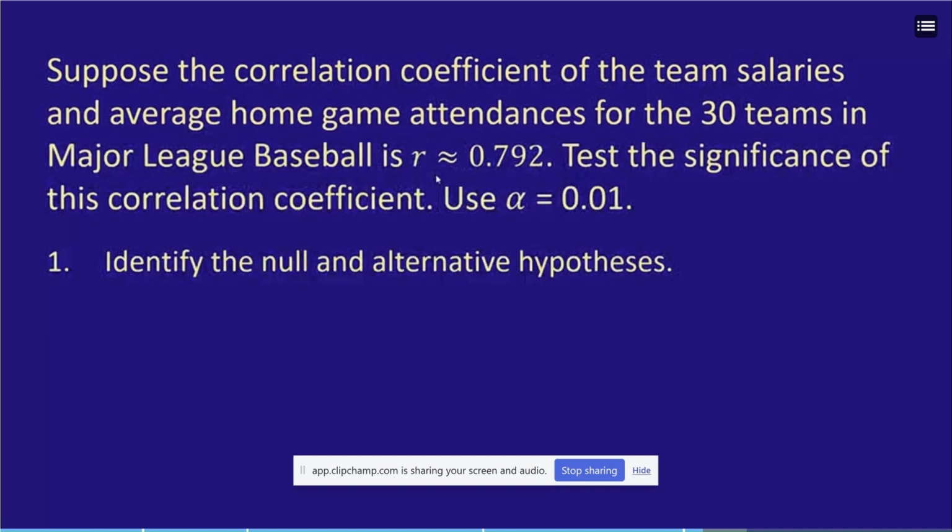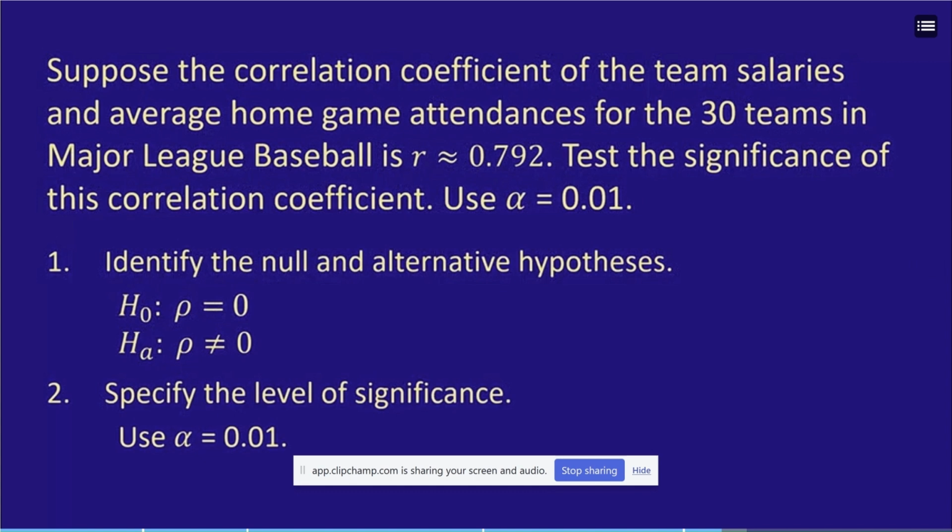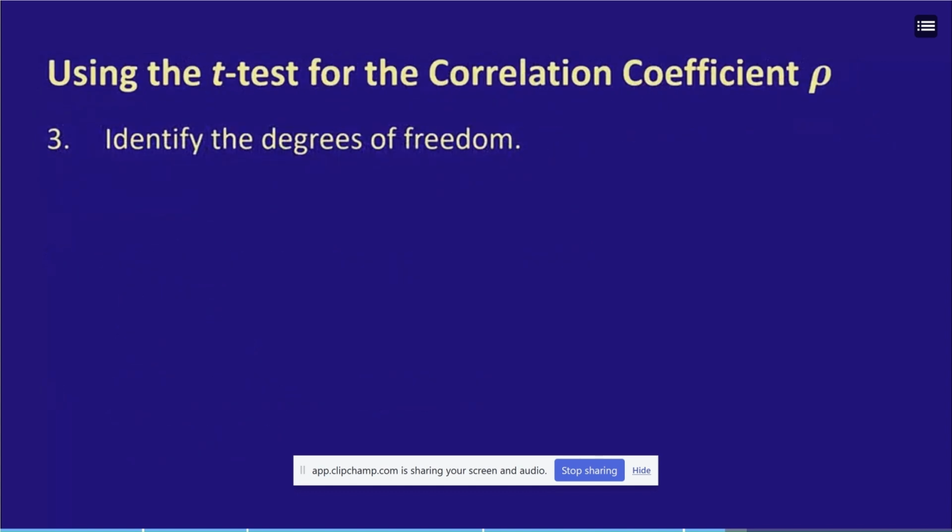If we're just testing to see if there's a significant linear correlation without specifying positive or negative linear relationships, we're going to conduct a two-tailed test by using a null hypothesis of rho equal to 0 versus the alternative rho not equal to 0, with alpha of 0.01. The third thing we want to consider is our degrees of freedom, n minus 2, which in the case of the 30 Major League Baseball teams is 30 minus 2, or 28.